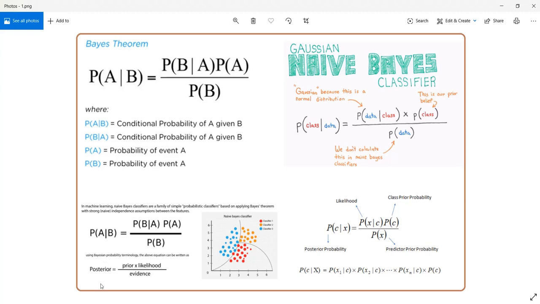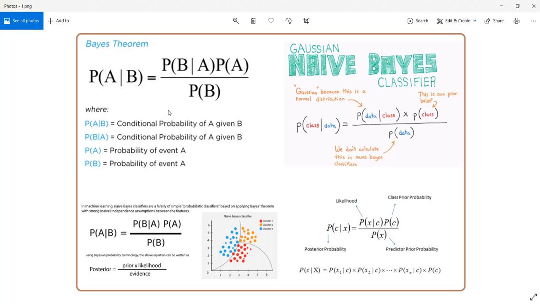I don't know these terms like posterior, evidence, likelihood, prior probability, and other technical jargon. So I am only concentrating on the first quadrant, that is, the probability of A given that B has occurred is given by the probability of B given that A has occurred into the probability of A by the probability of B, and we are going to use this formula frequently.